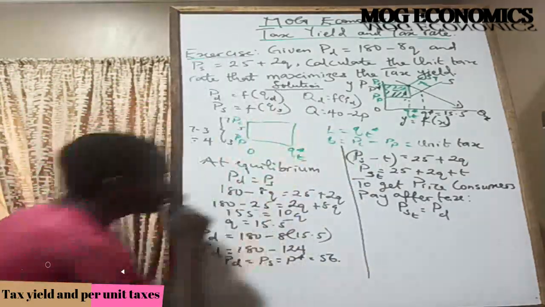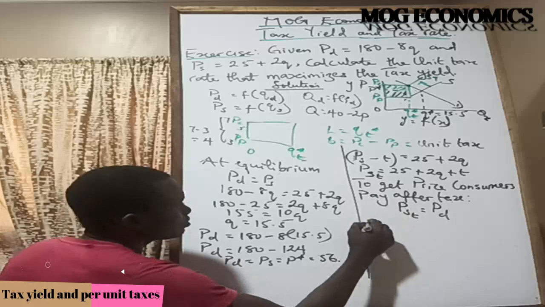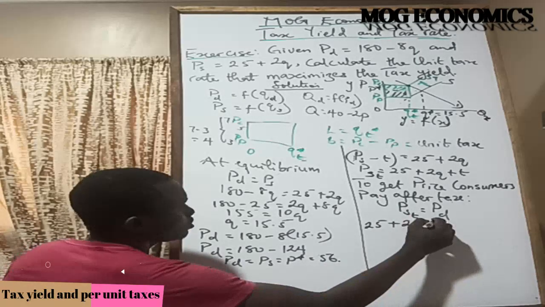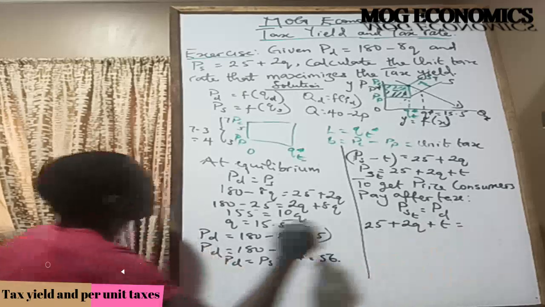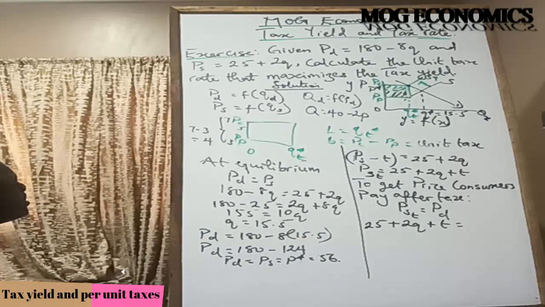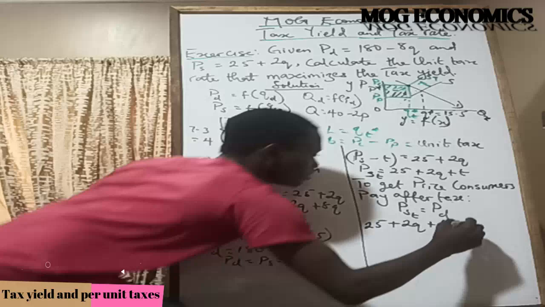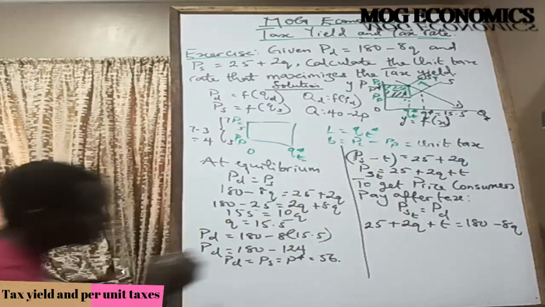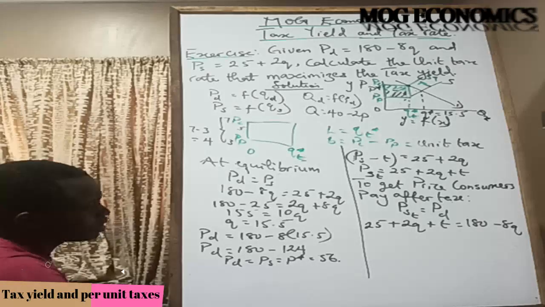PD. So PST is equal to 25 plus 2Q plus T equals, then PD was 180 minus 8Q. So from here we can get the Q out.